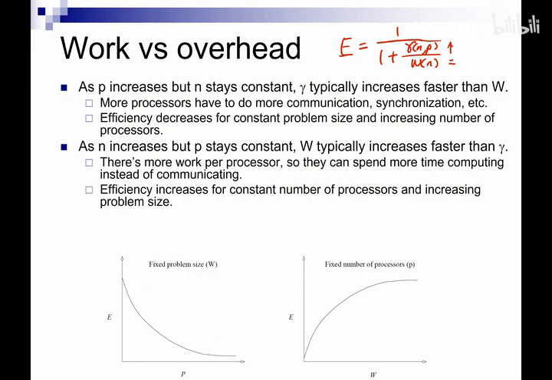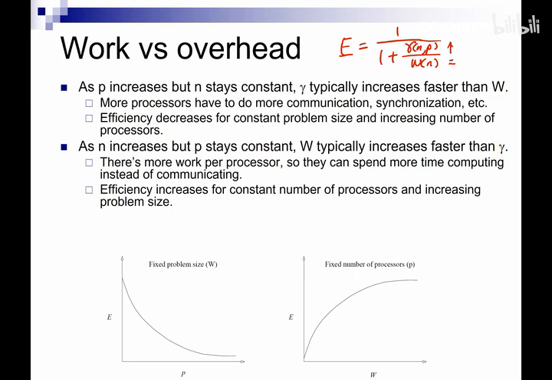Okay, now on the other hand, we can increase the problem size, but keep the same number of processors. In that case, the amount of useful work is going to increase, and the overhead might also increase, but usually W increases faster than gamma.